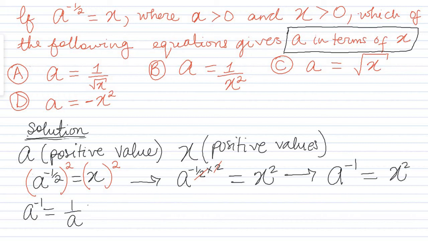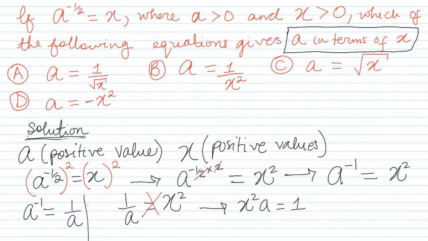So you have a raised to the power of negative 1, which is the same thing as 1 over a. I'm going to continue. So 1 over a equals x squared, right? Our goal is to solve for a, so we can just cross multiply, and you have x squared a equals 1, and what you end up with is a equals 1 over x squared.